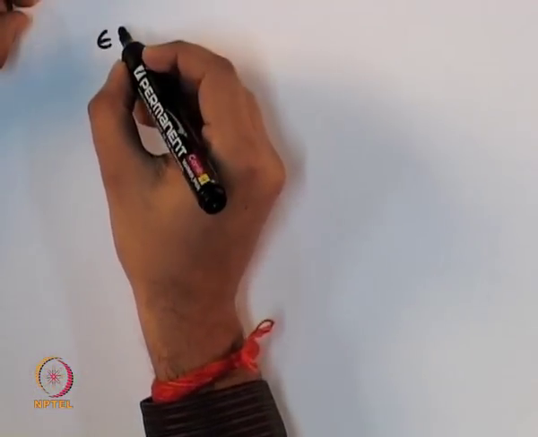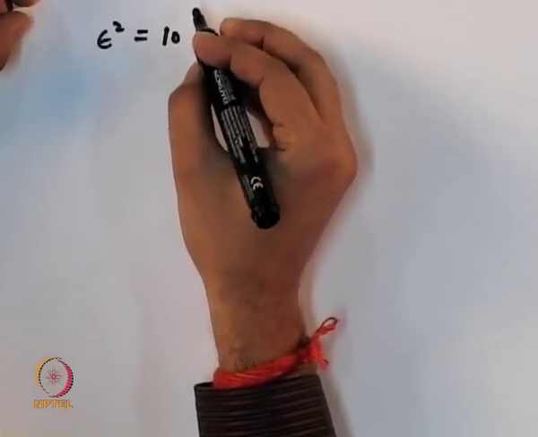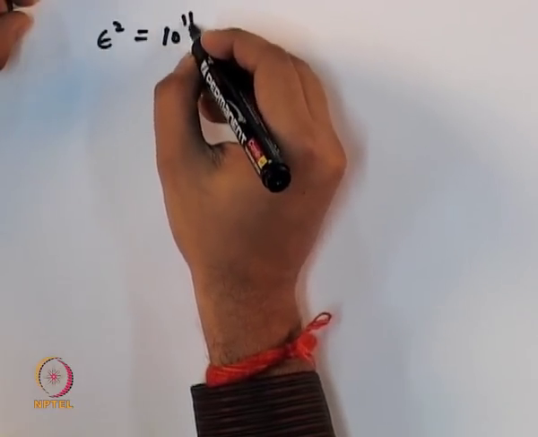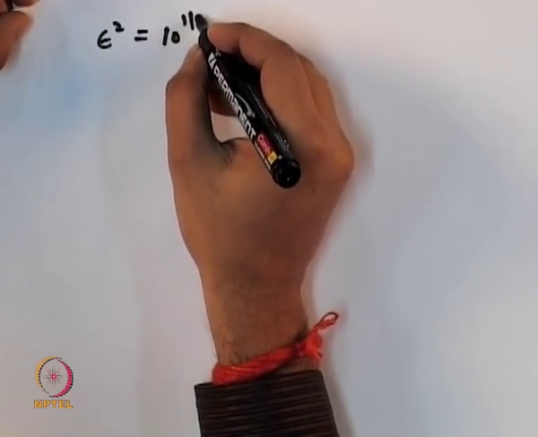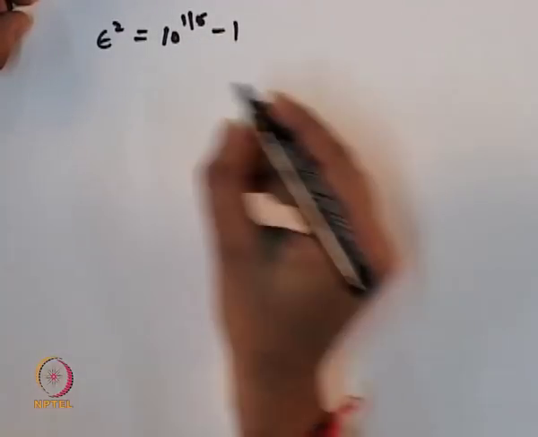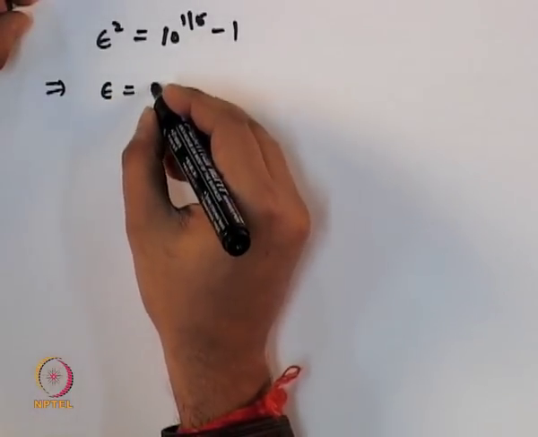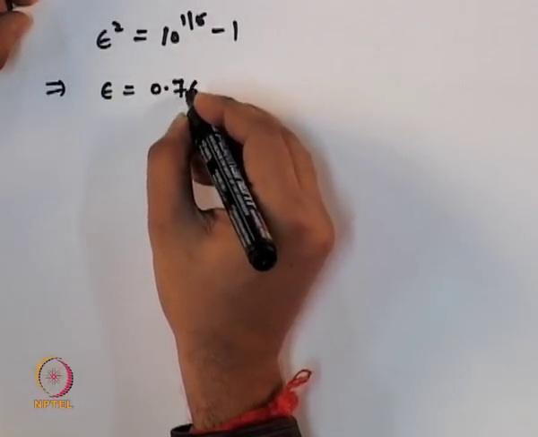Going to next line. After solving all this, we find out that epsilon square comes out to be 10 raised to power 1 by 5 minus 1, which gives epsilon equal to 0.764.